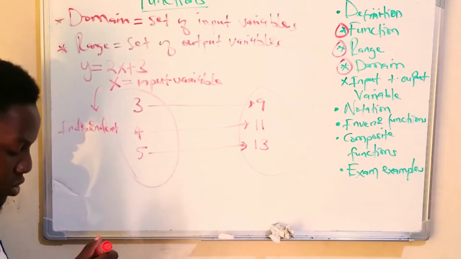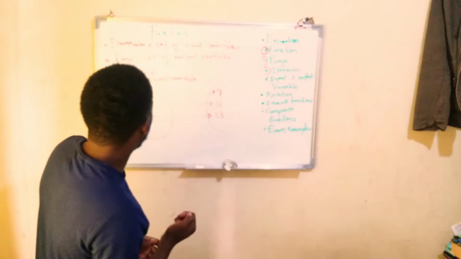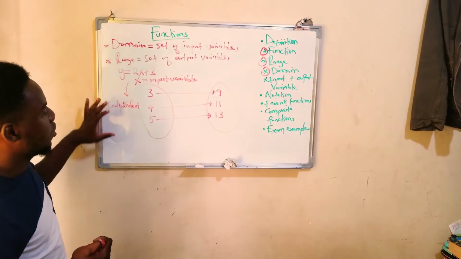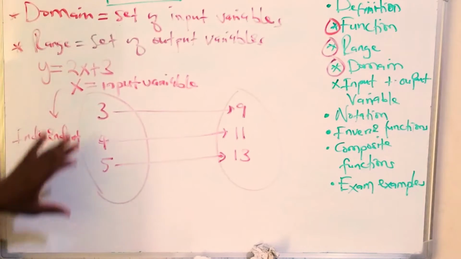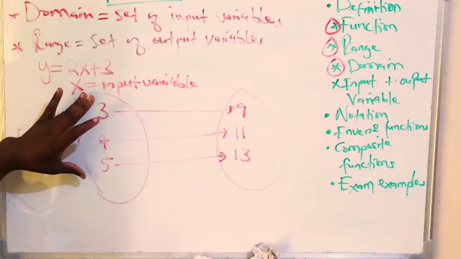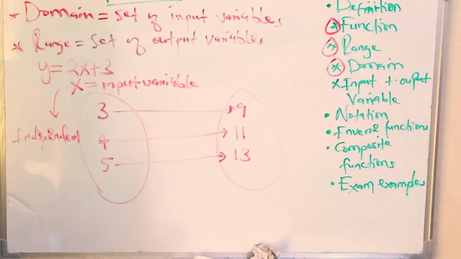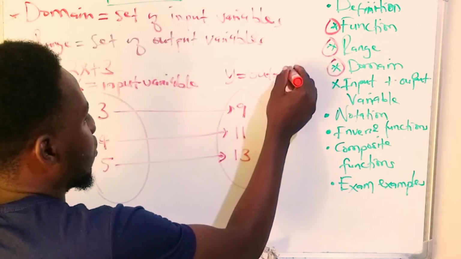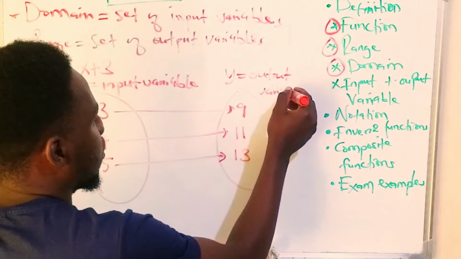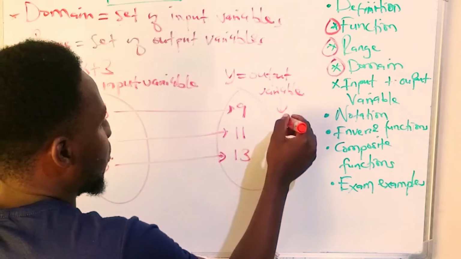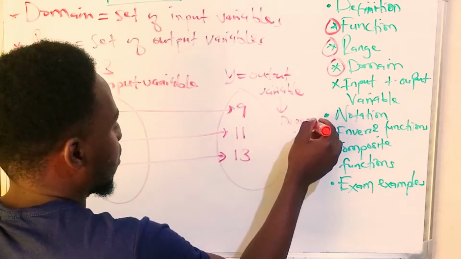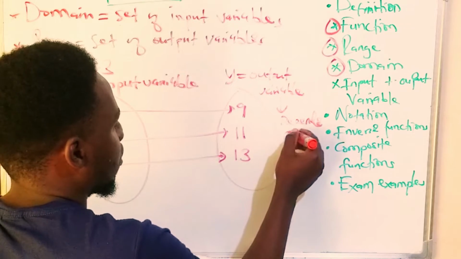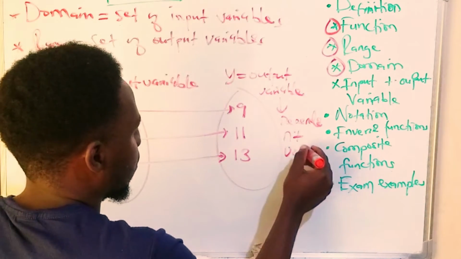Why is it our independent variable? We said its values can be chosen at random, freely. The way I was doing, I just chose to start from 3 and end at 5. But these values that are here, the ones for y, they are output variables or our dependent variable.